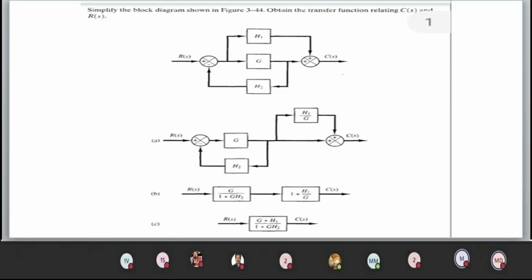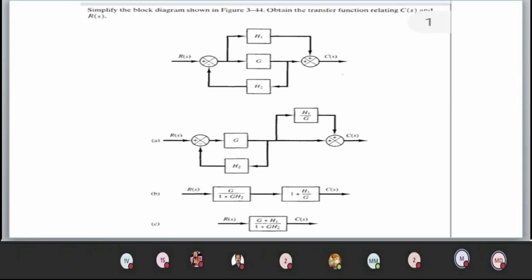Here you are using only one change. You're going to take the nodal point ahead of G, so you're going to divide by G. So it becomes H1 by G. Then you're using the elimination of negative feedback and adding two paths in forward.